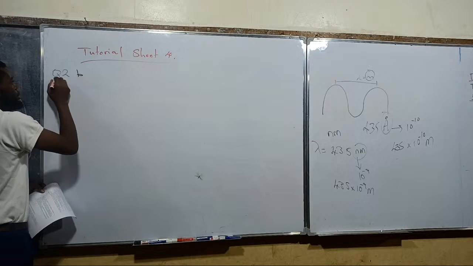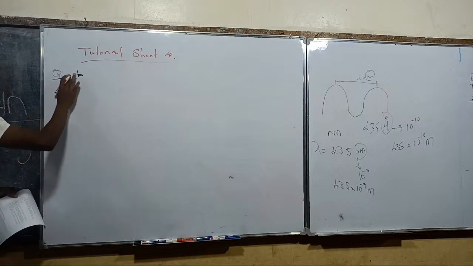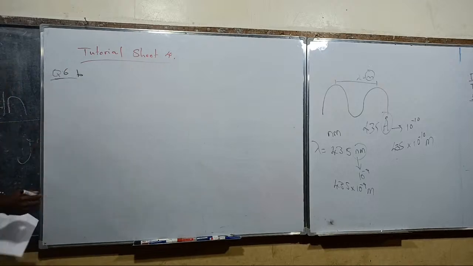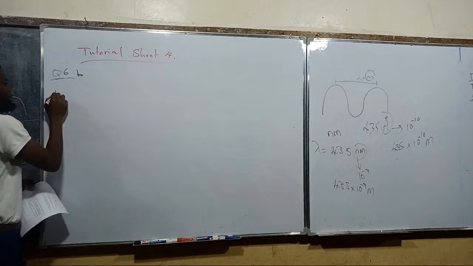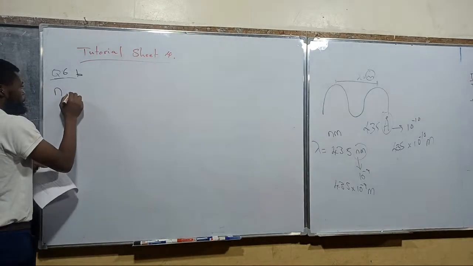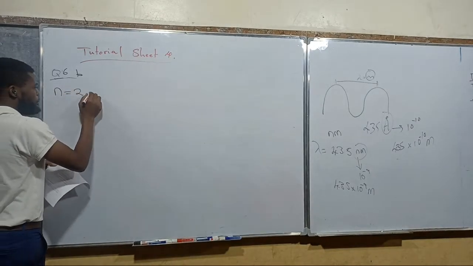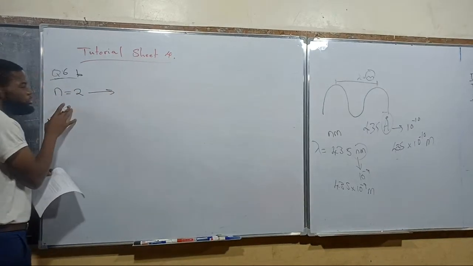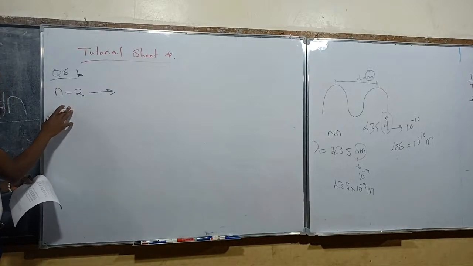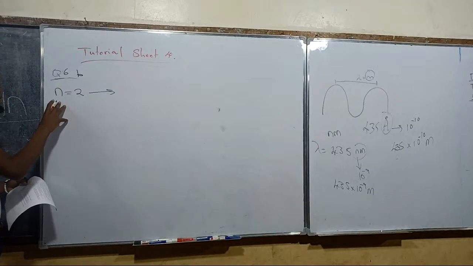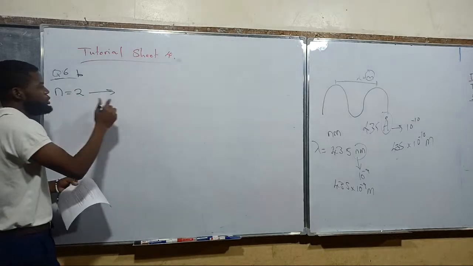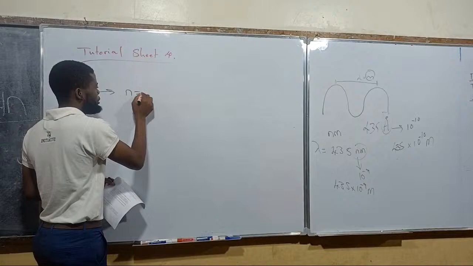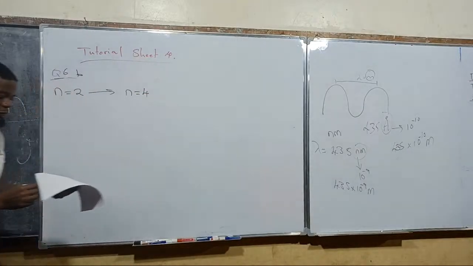So question number 6, B. The transition is n equal to 2. An electron in the hydrogen atom is moving, transiting from principal quantum level 2 up to principal quantum level number 4.